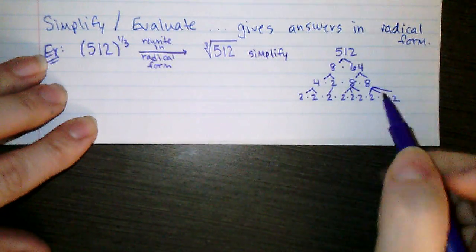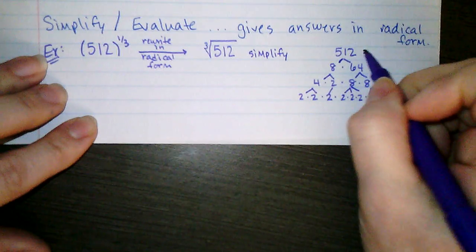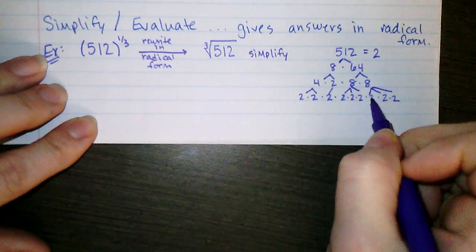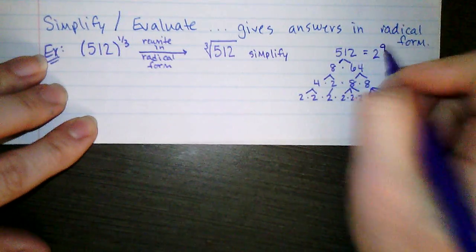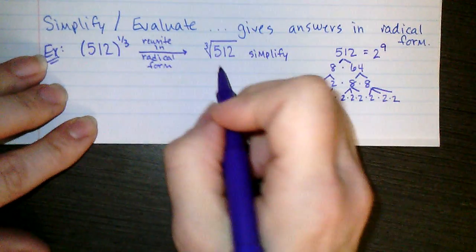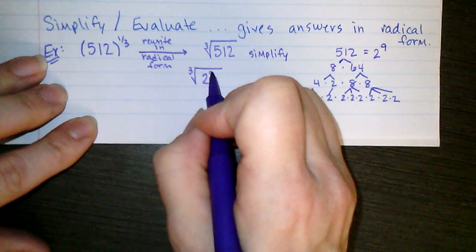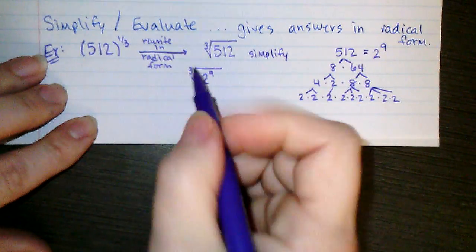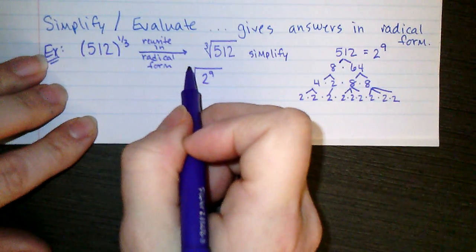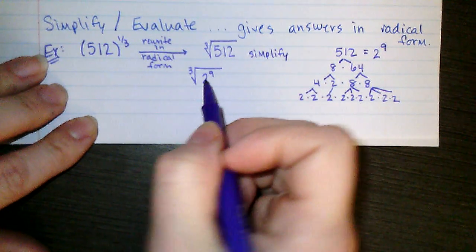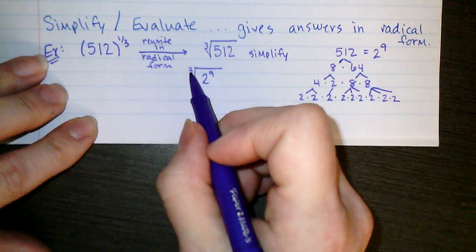So at the bottom of my row here, 512 is equal to 2 to what power? 1, 2, 3, 4, 5, 6, 7, 8, 9. 2 to the 9th power. So I'll rewrite this as the cube root of 2 to the 9th power. And remember that this index tells me how many have to be in my group to get out. So I have to have 3 in a group to get out.